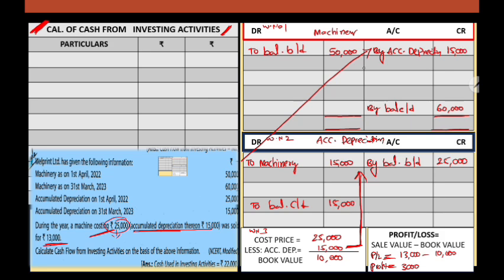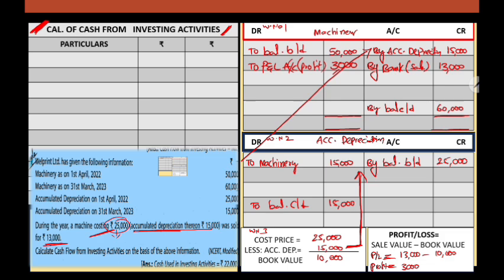After that, by bank, in brackets sale, that means the sold value. What is the sale value here? 13,000 is the sale value. So due to the sale of the machinery, we got a profit. Write the profit on the debit side, to P&L account, in brackets profit, which is 3,000. Whatever information is required, I have already shown there.